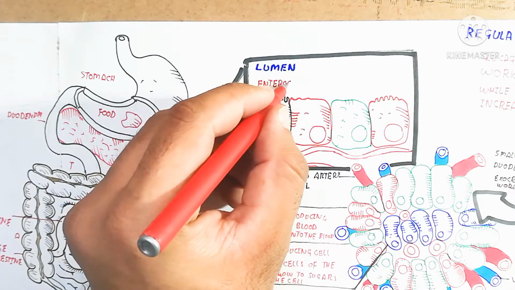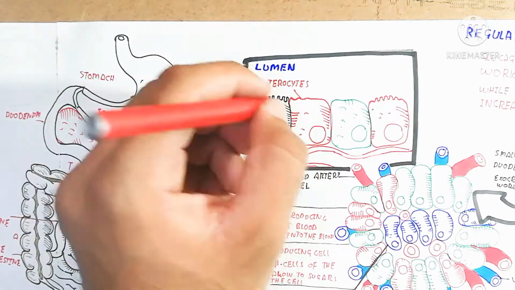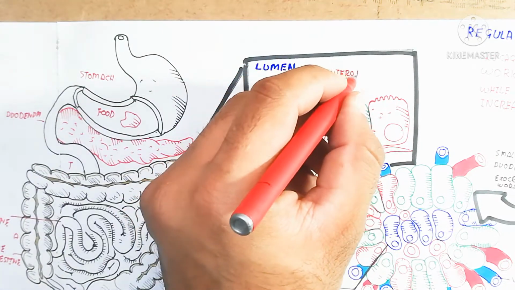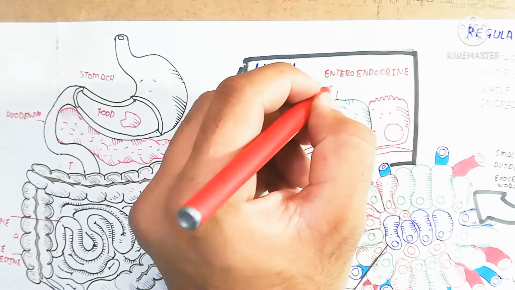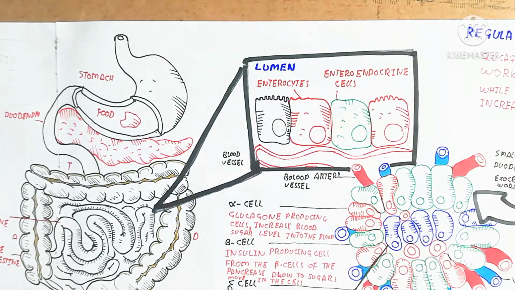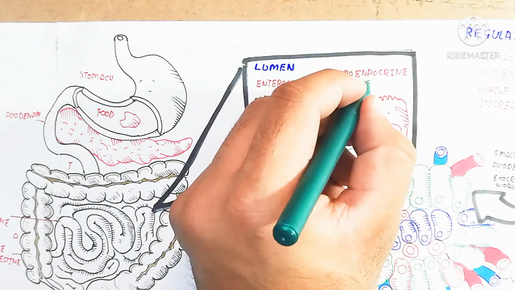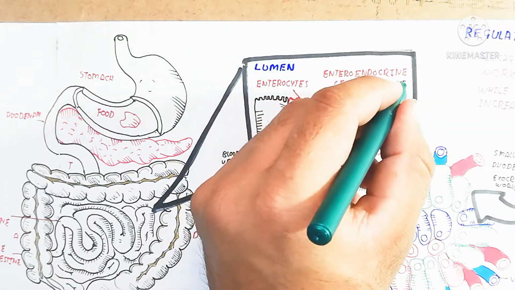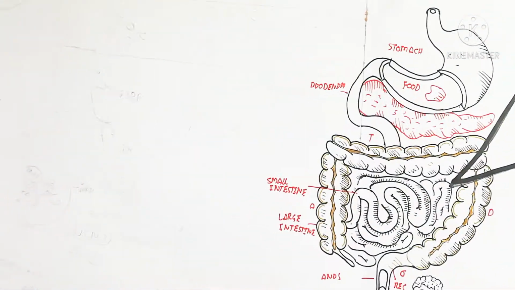Enterocytes are also known as brush border cells, which contain brush border enzymes and are used for the absorption of nutrients, while the enteroendocrine cells are also present. The different enteroendocrine cells produce endocrine hormones that travel in the blood.